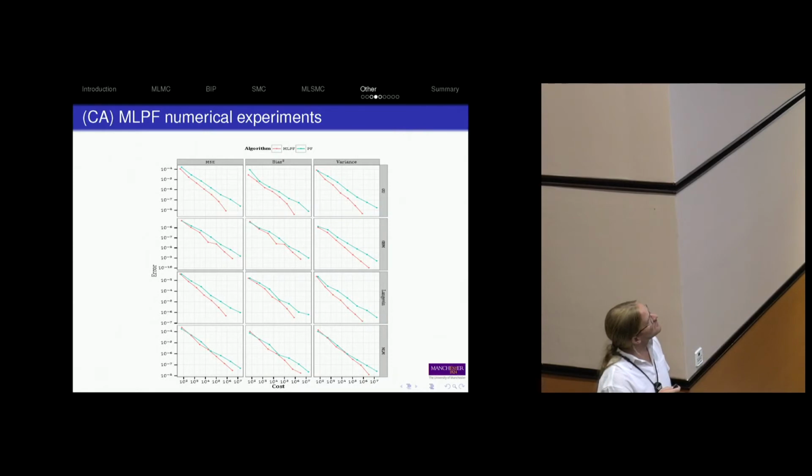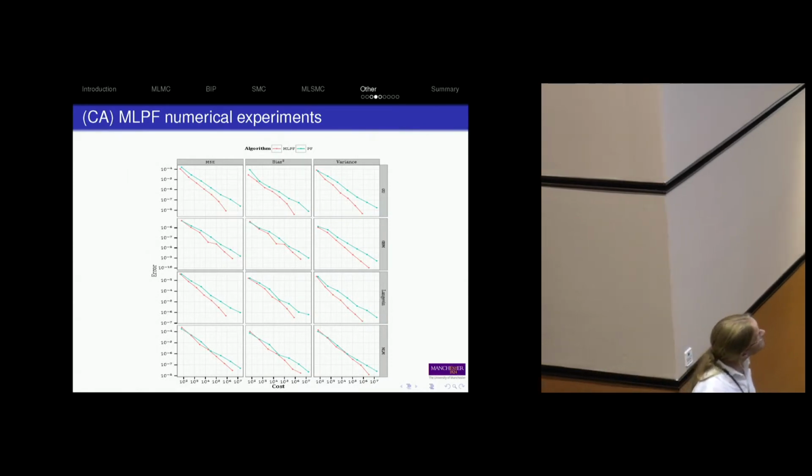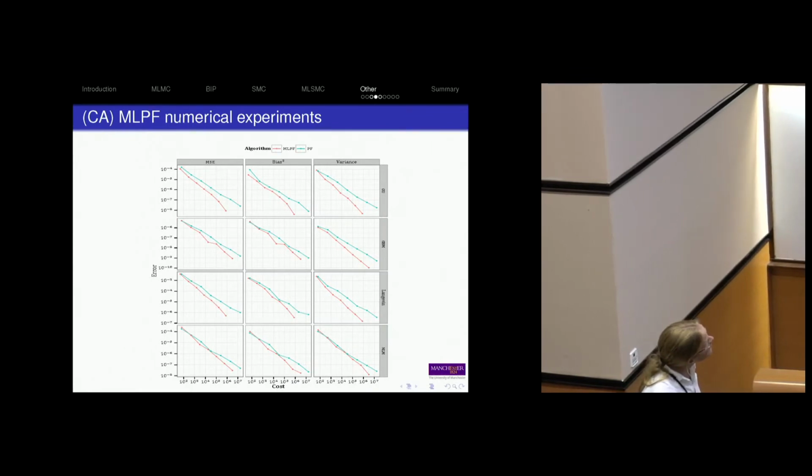All right, so these are simulations, using the Euler-Maruyama method. These two cases have constant diffusion, and with Euler-Maruyama you get effectively a rate of beta equals 2.